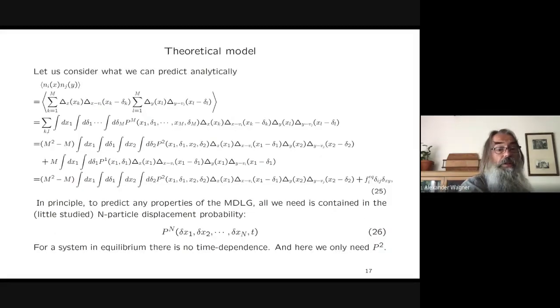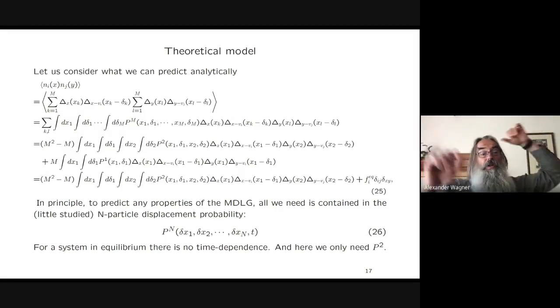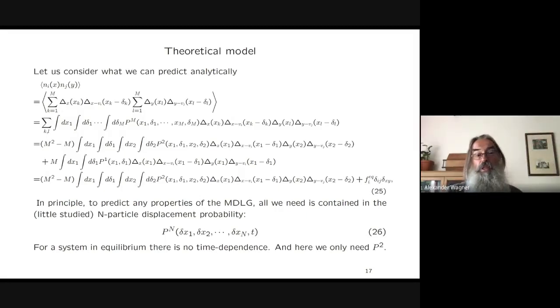And there's an interesting story, because you can write this down now explicitly, just like we did before. You don't need to understand everything, but what's important is that what enters into here is the n particle probability of these displacements. And it turns out you need the two particle displacement probability, and it looks very familiar from statistical mechanics, but it's not, because there's very little work on displacements.